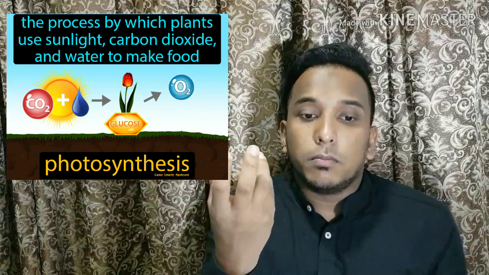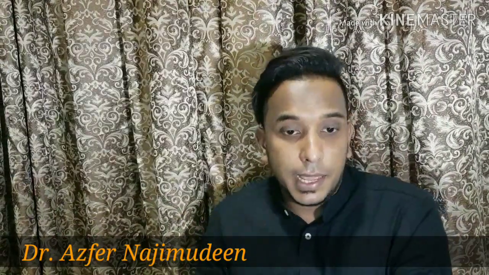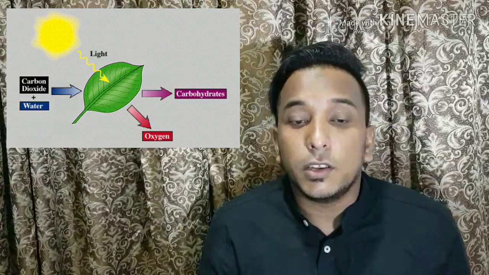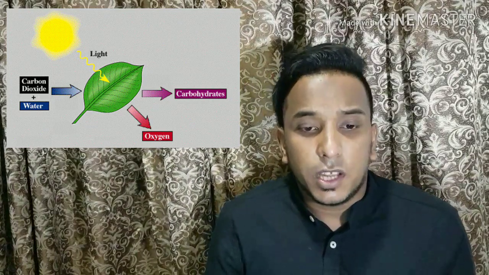That process is known as photosynthesis, which will be discussed later in upcoming videos. Carbohydrates are also available in potato, sweet potato, grains, sugar, flour, etc. Because they are present on a large scale on Earth, they are called the abundant product on Earth.